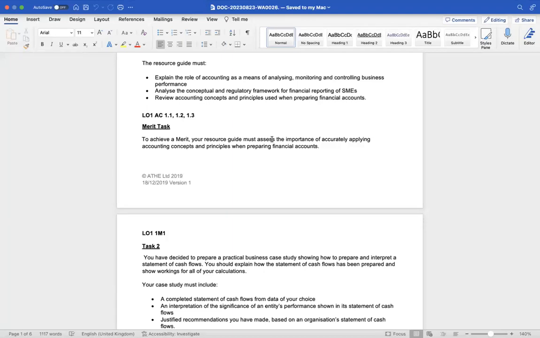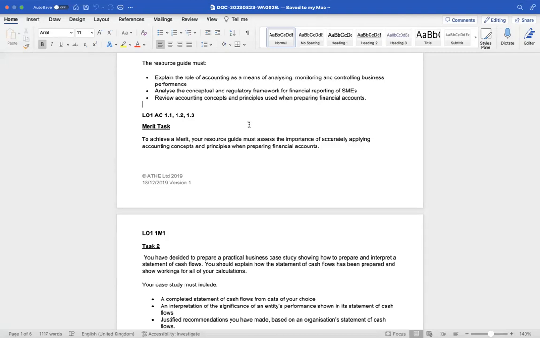Also, use direct language and easy words throughout your resource guide in your task one. The direct language should be easily understandable. Avoid unnecessary jargon and complex sentence structure. Incorporate diagrams, charts, and infographics where appropriate to enhance visual understanding.